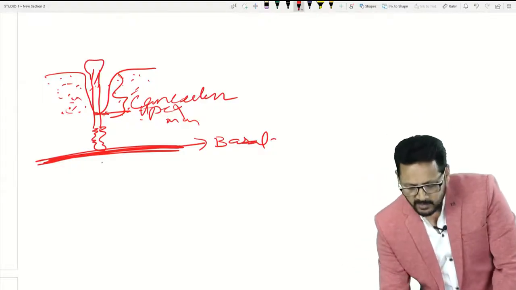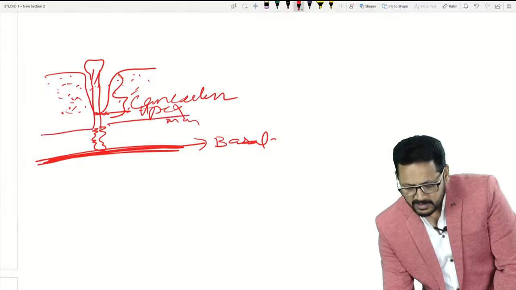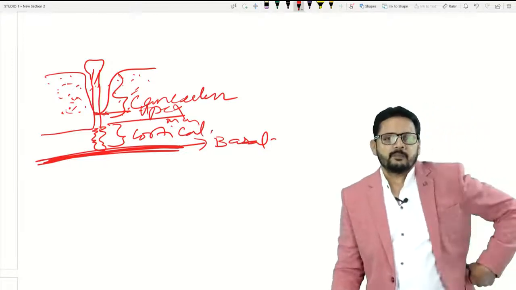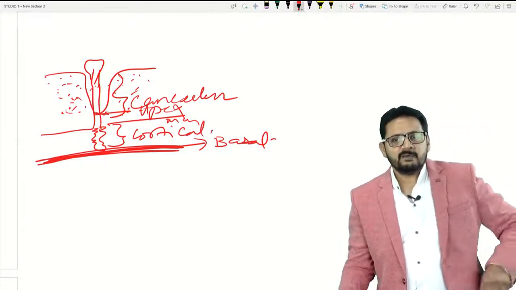So this need not be here. So this entire area is the cortical bone, thick mineralized cortical bone. So that is the retention point.